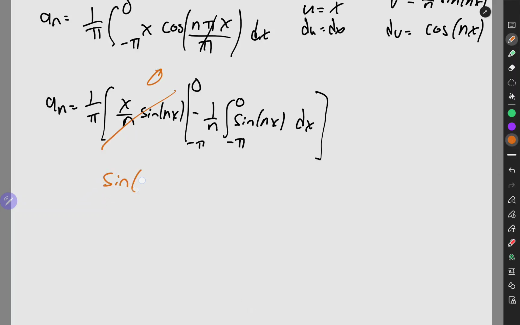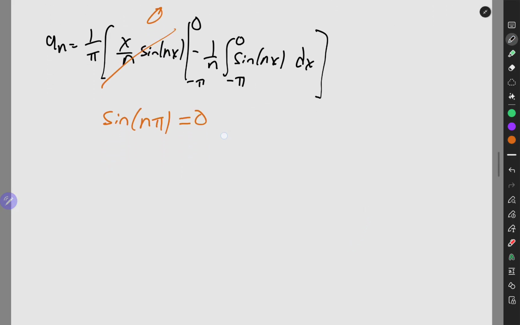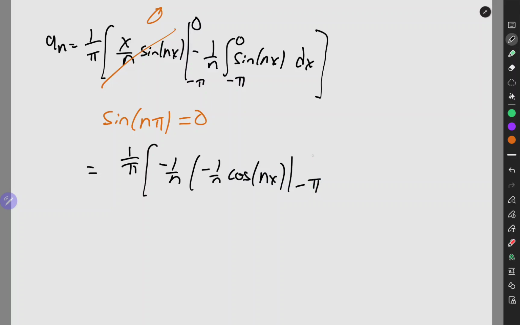I should have known that. Let's look at the second half. That would be negative 1 over n, cosine nx from negative pi to 0.